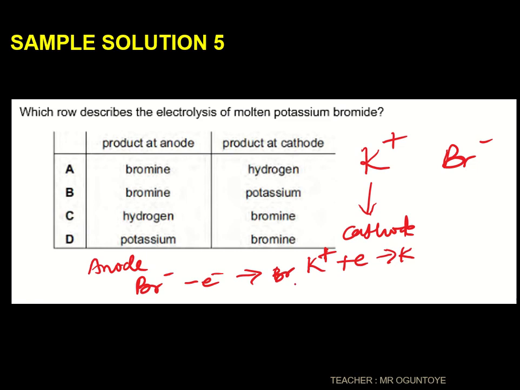If it's bromine gas, you multiply by 2, and of course the equation can be balanced that way. So at the cathode you have potassium being produced, and at the anode you have bromine being produced, because it is molten. So the correct answer here is B.